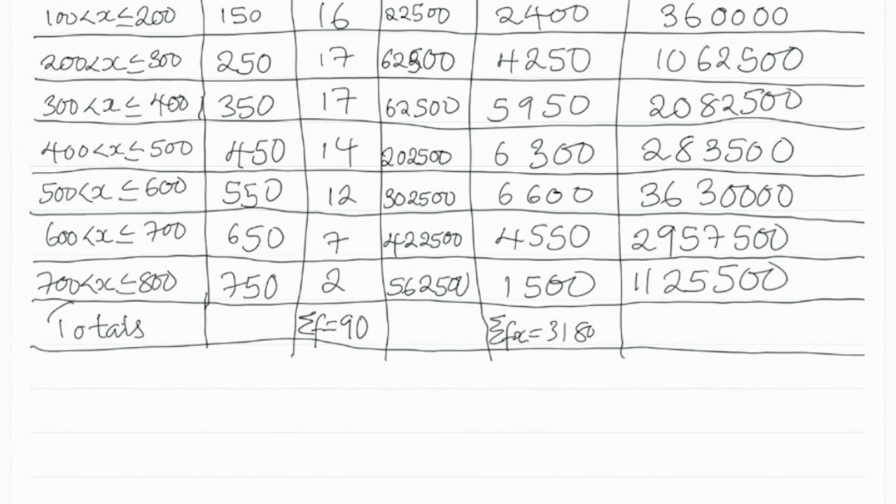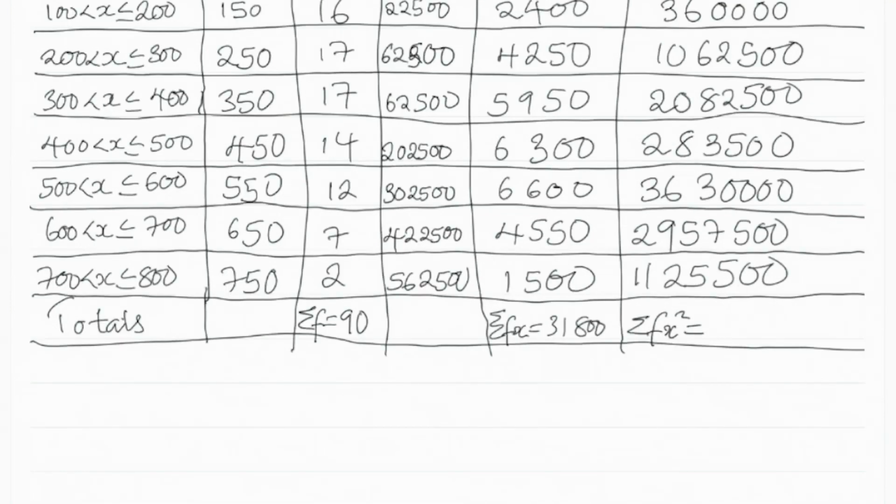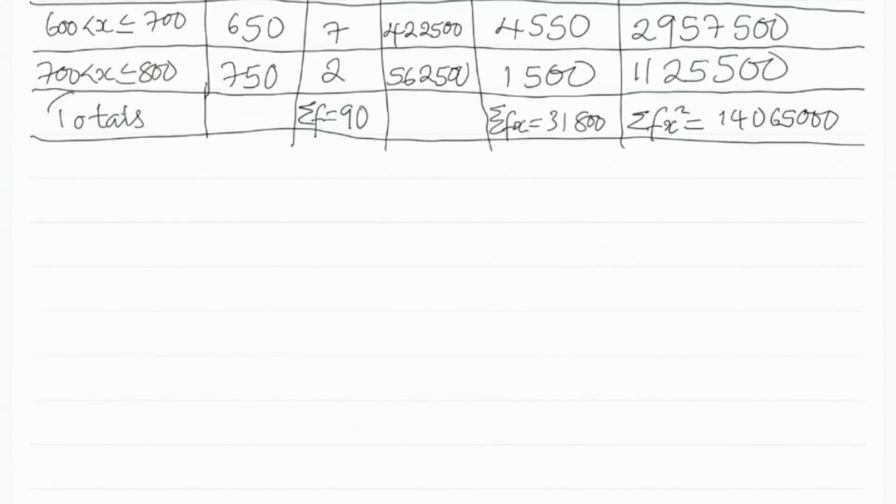Then summation of fx squared, when you add everything there in this column of the fx, you are going to have 140,65,000.